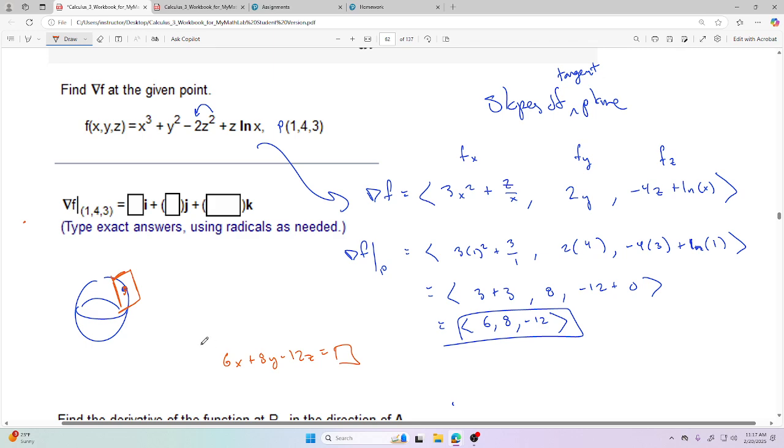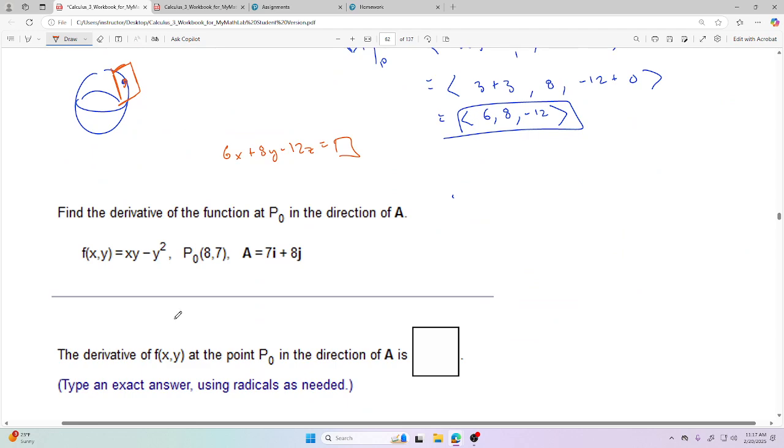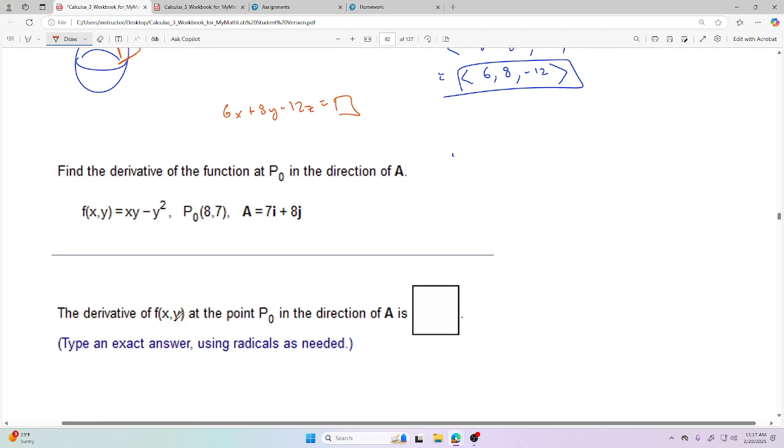Okay, awesome. So this is the perfect example of annoying, where they said you should be able to figure this out with unit vectors. That's why I gave you that extra formula. The directional derivative of f is equal to grad f at p dot u over the magnitude of u.